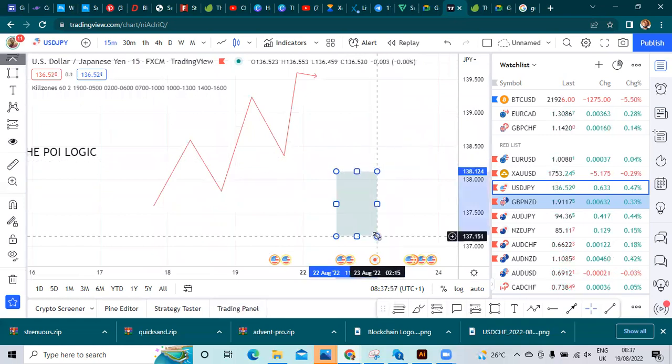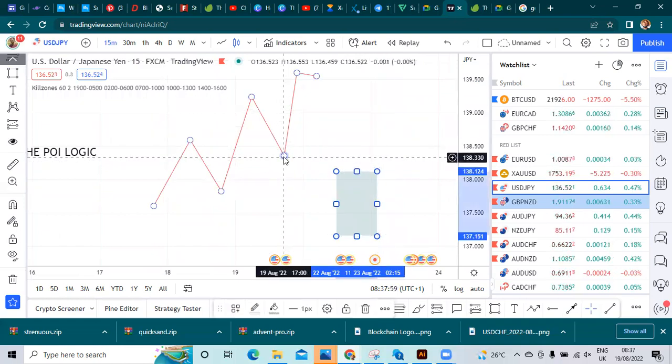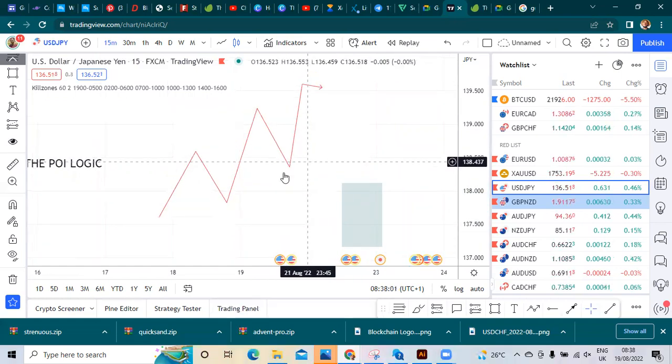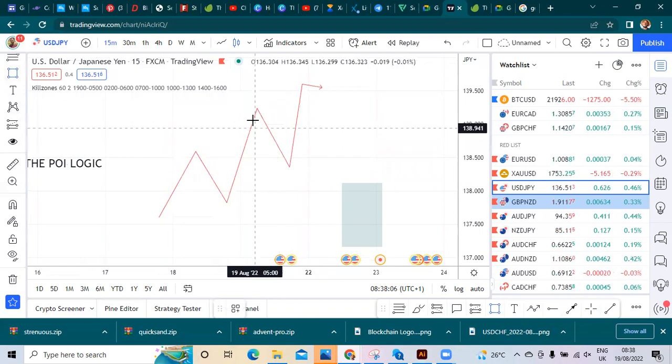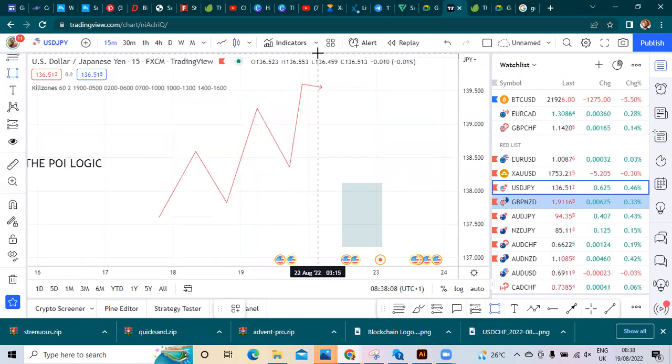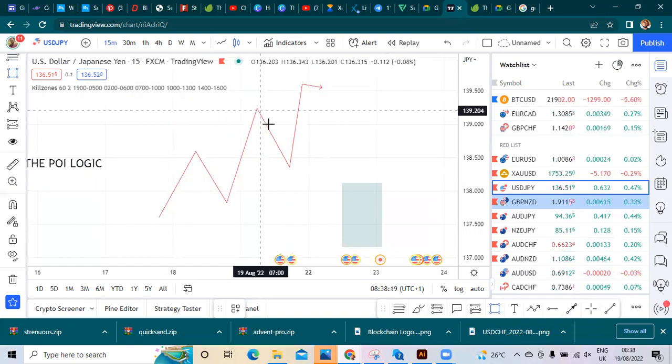What I mean is, if price did a reversal or a continuation at a particular area like this, let's say this is a continuation, price got to this point, and it's going to be a reversal in smaller time frames. But on the time frame, let's say we are talking about a 15 minutes time frame, it's going to be a continuation. But if it's on a 1 minute time frame, this is going to be a reversal.